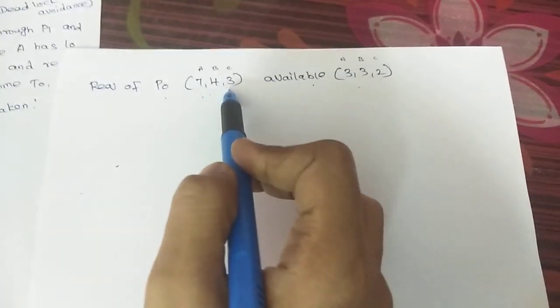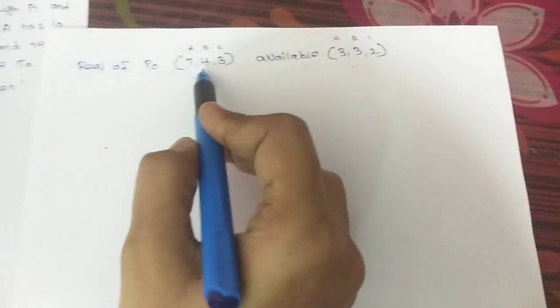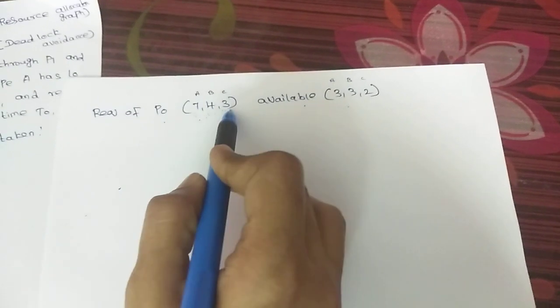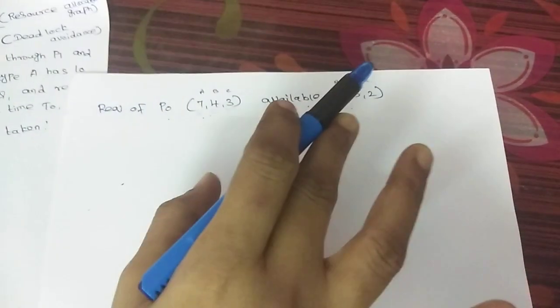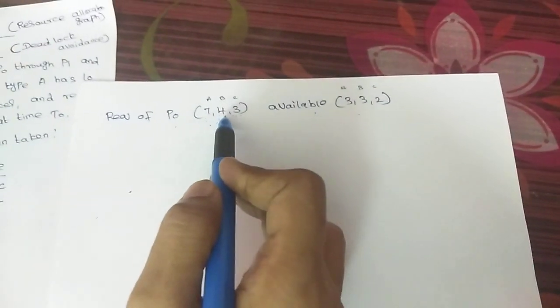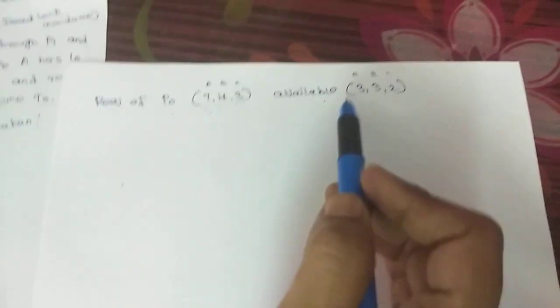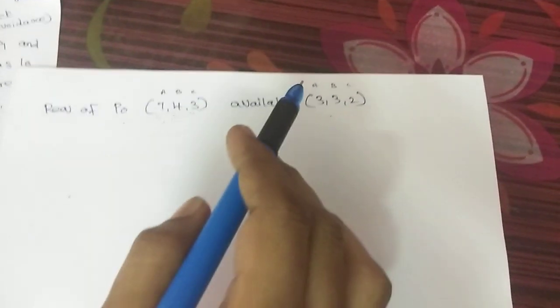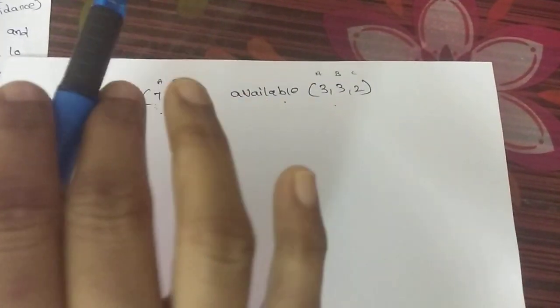We are going to check each and every resource type. If one resource type is greater, even if the other is lesser, we are not going to grant. The algorithm tends to false. All the 3 resource types must be less than the available. At that time only the algorithm tends to be true. Otherwise the algorithm tends to be false.